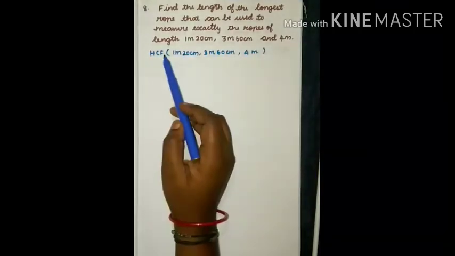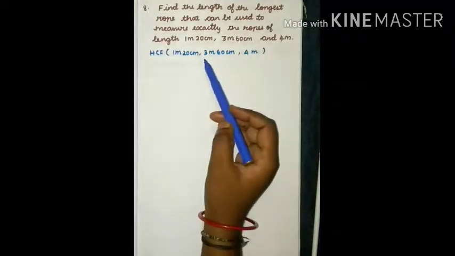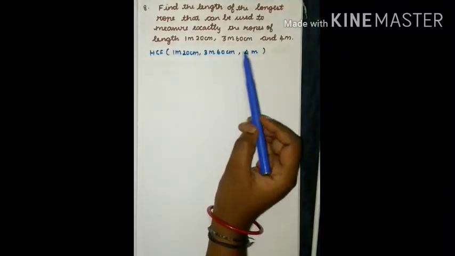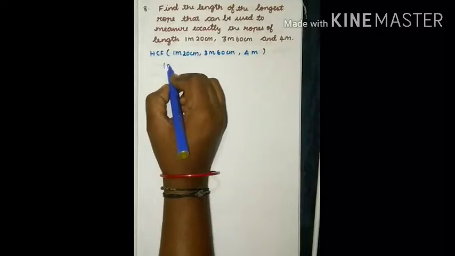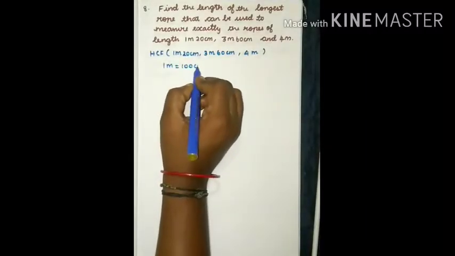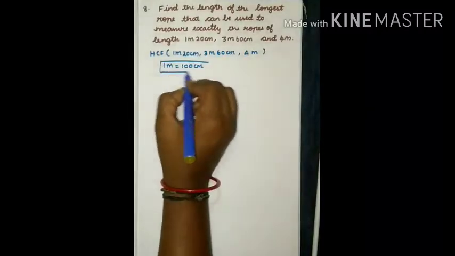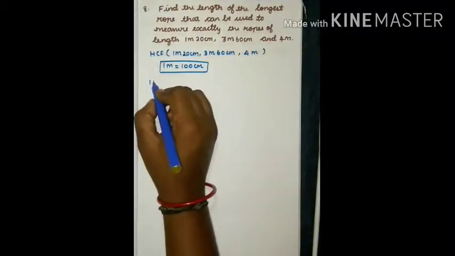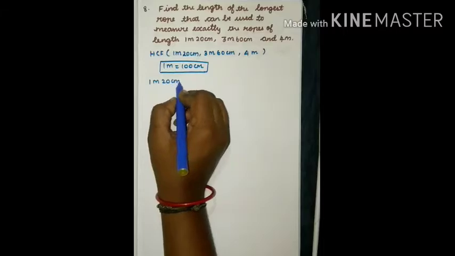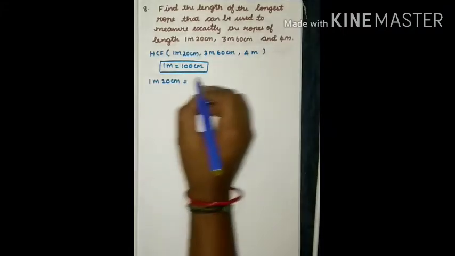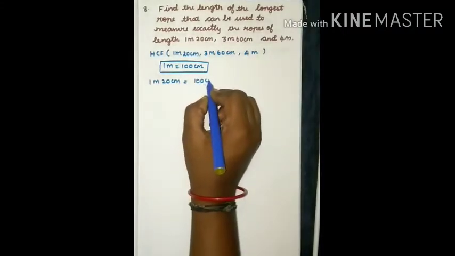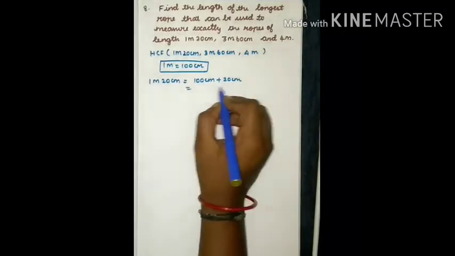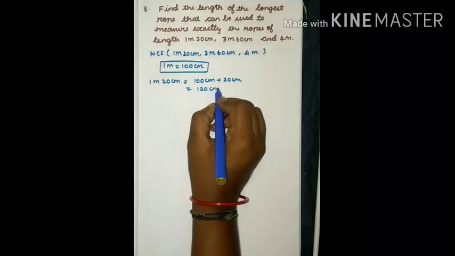Before finding the HCF of three numbers, first we have to convert meter into centimeter. As you already know that 1 meter equal to 100 centimeter. First let's find 1 meter 20 centimeter as 1 meter equal to 100 centimeter plus 20 centimeter. 100 plus 20 is 120 centimeter.